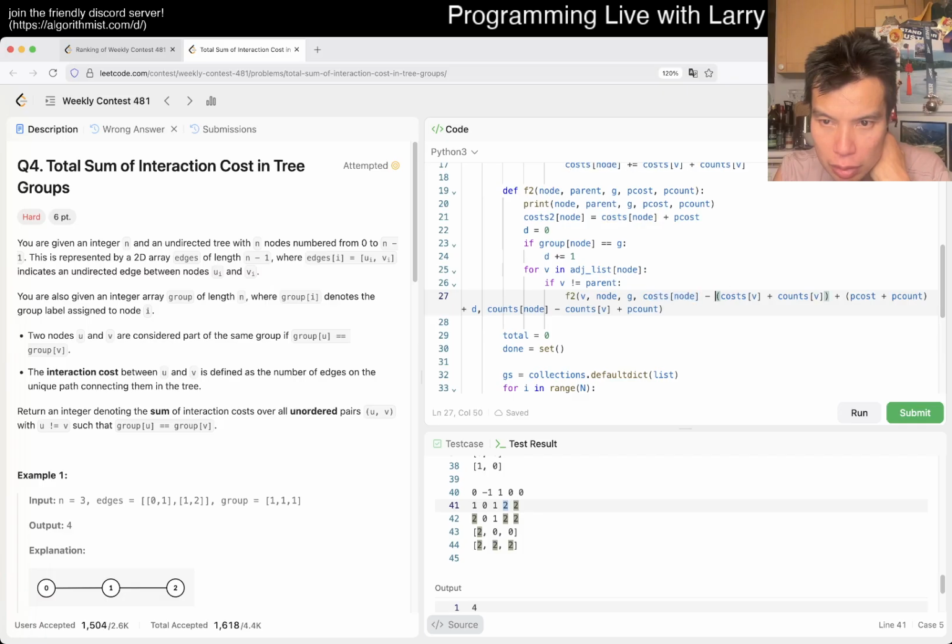Minus this thing, which is... this is going to be 1, this is going to be 0, so this is 2, so this is 1 plus... so this is 2, but p cost and p count, which is true.